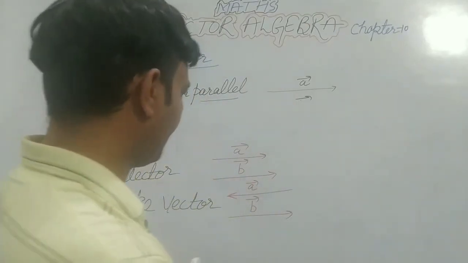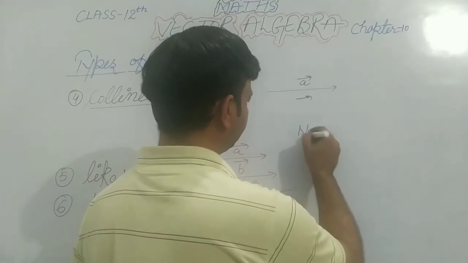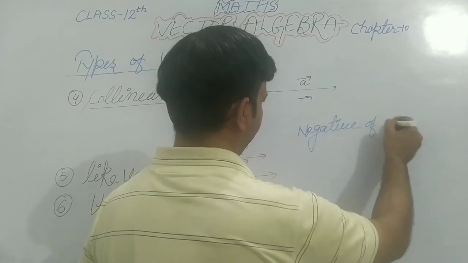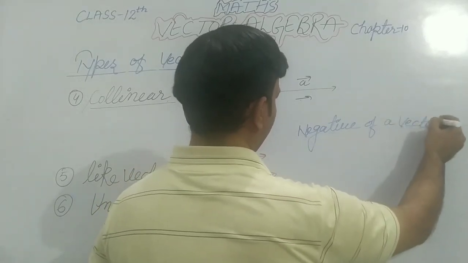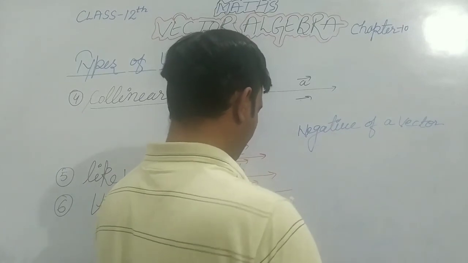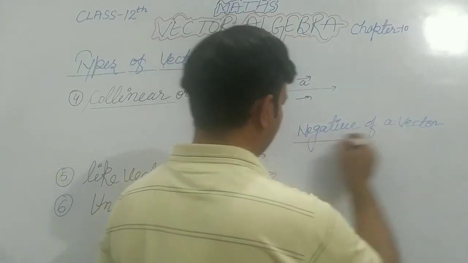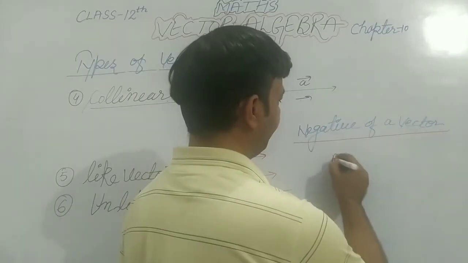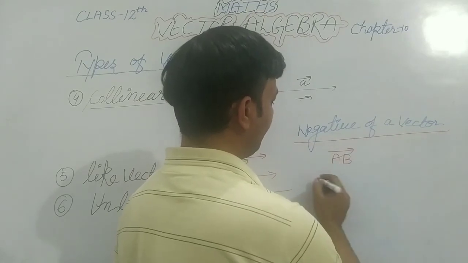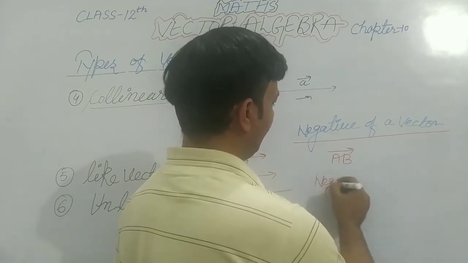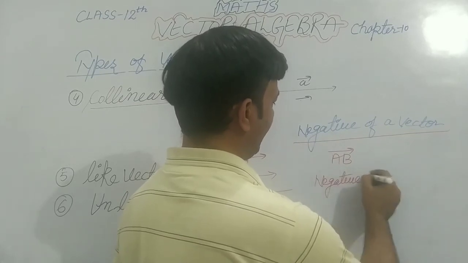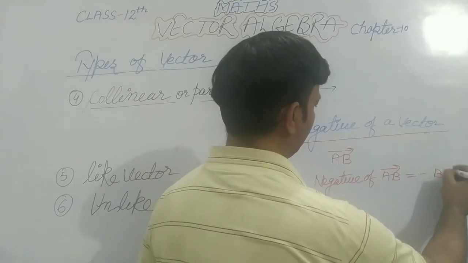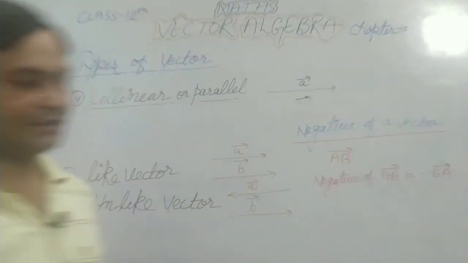So what is the negative vector? Next we have the negative of a vector. Negative means direction opposite, isn't it? We have a vector AB, so the negative of AB vector we can write as negative BA vector. So the direction will be changed, you can see here.